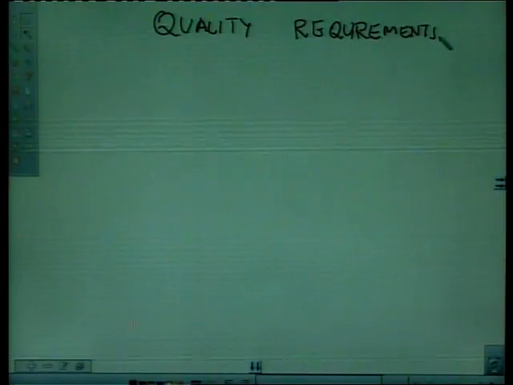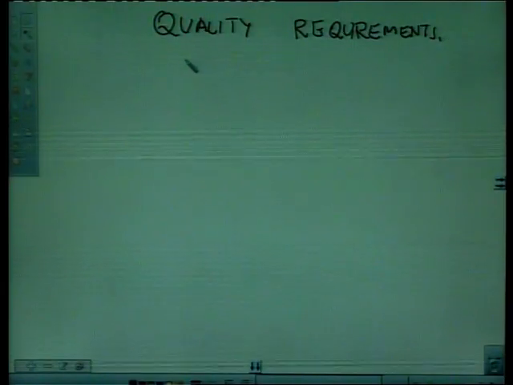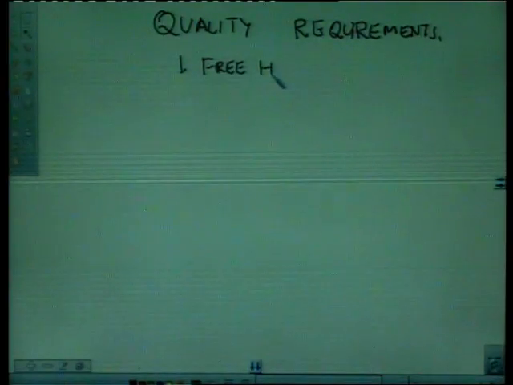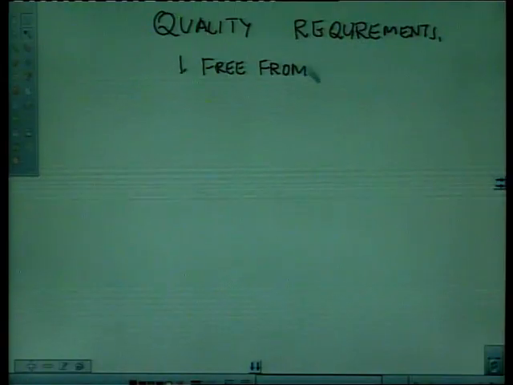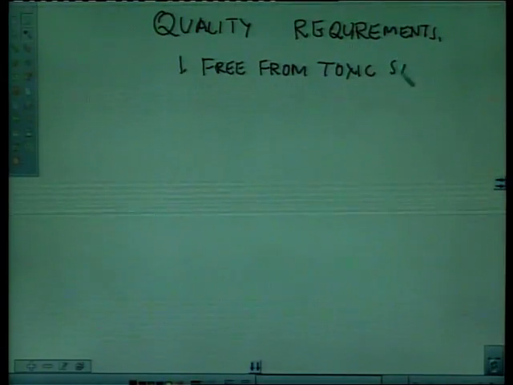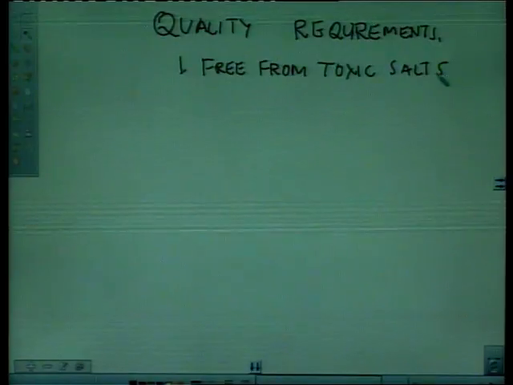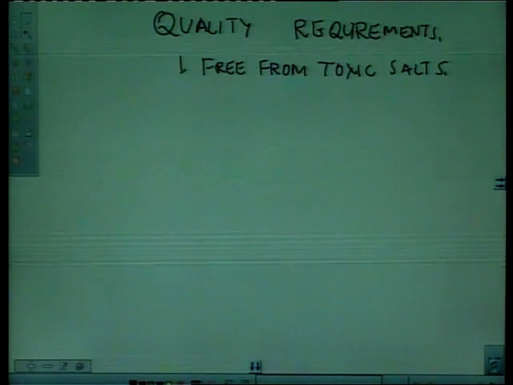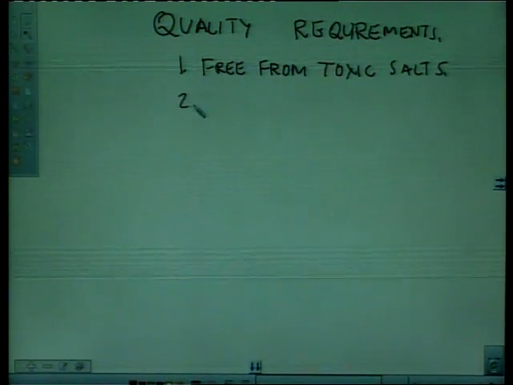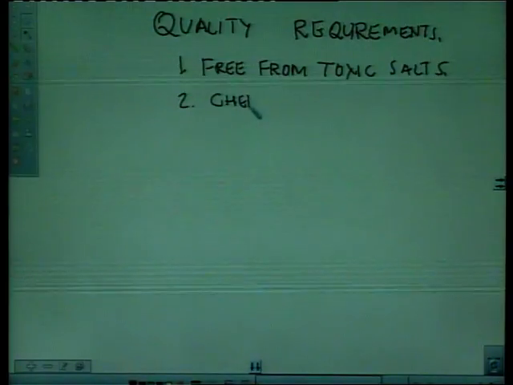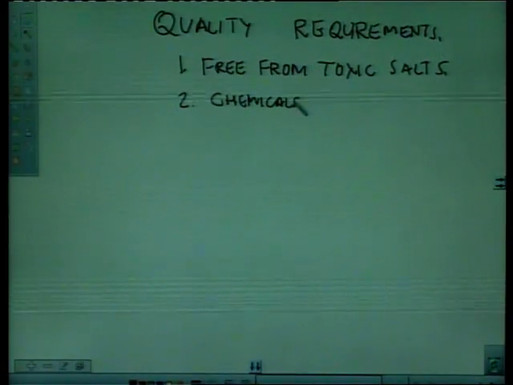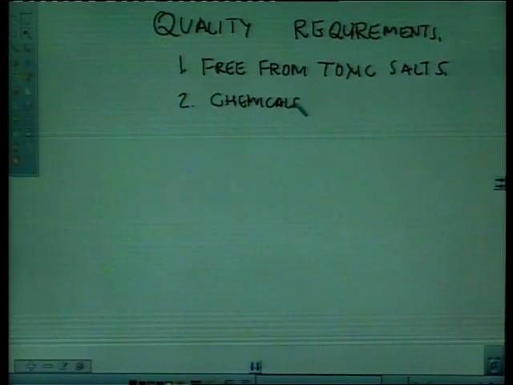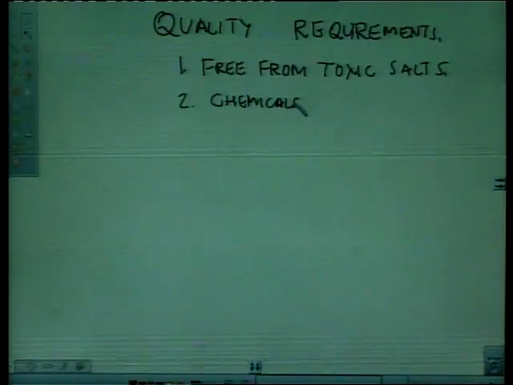For irrigation, we should have water free from toxic salts, chemicals which react with salt. So it should be free from chemicals. Then bacteria imparting harmful characteristics to crops for human consumption.